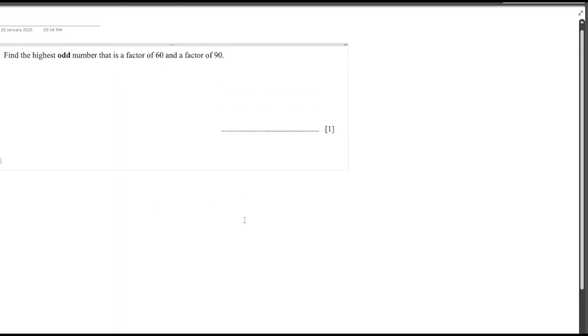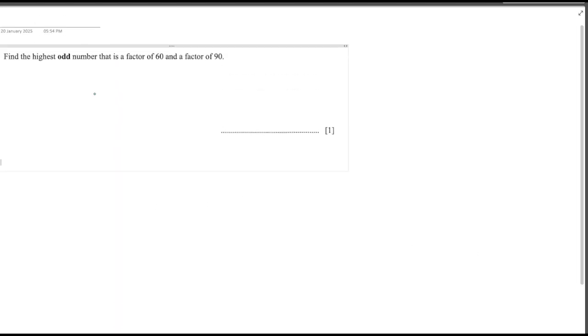Now find the highest odd number that is a factor of 60 and a factor of 90. Now 60 and 90, if I find out their factors, let us represent them as their prime factors. So 2 times 2, 4.